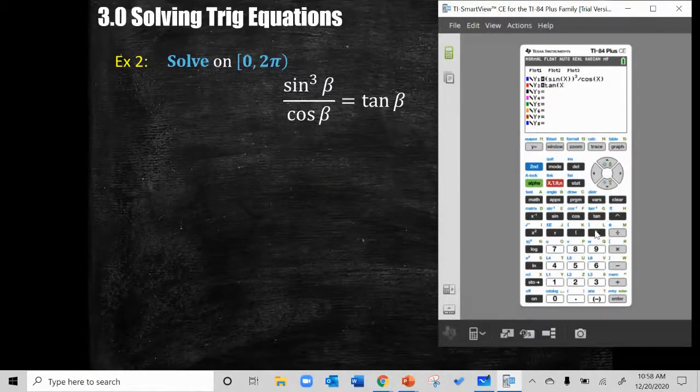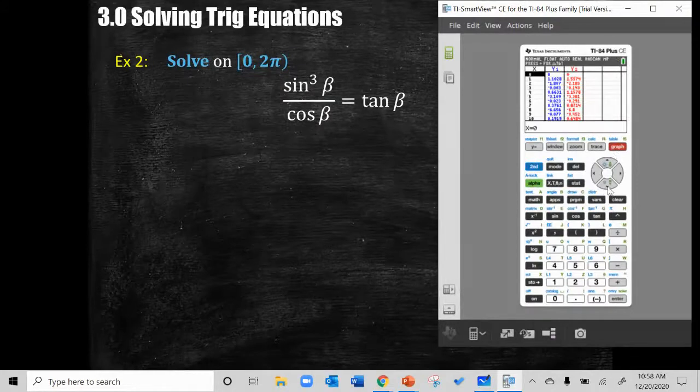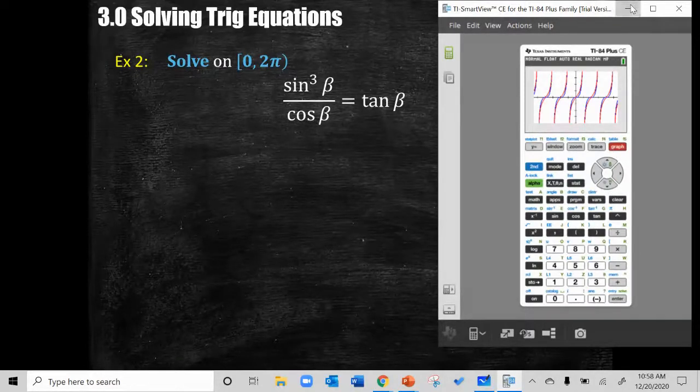I know it's beta, but tangent of x. Okay, cool. So they certainly intersect. Again, right? We can zoom in, we could look at the table and see. There might not be nice values where they intersect though. I could do second trace and find them, but we're gonna do the proof to figure this piece of it out.